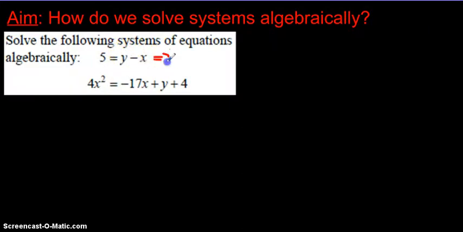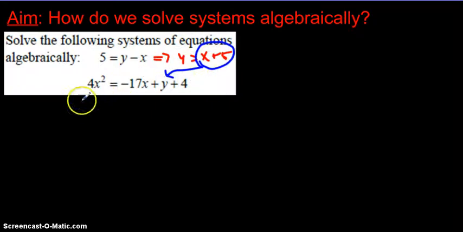If we solve for y, this will become y is equal to x plus 5. Okay? Which means we can take this and replace y in our other equation.